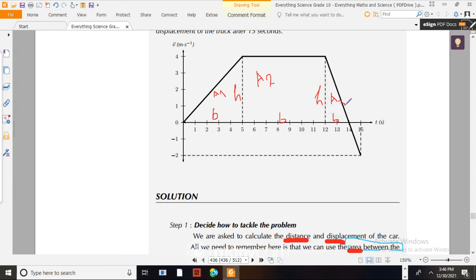Here is area 3, here is area 4. So we do have 4 areas.